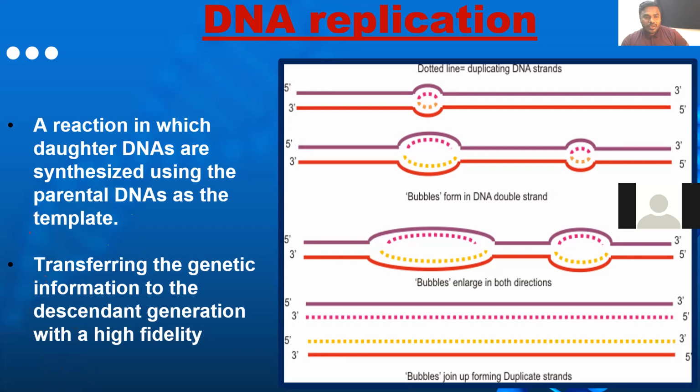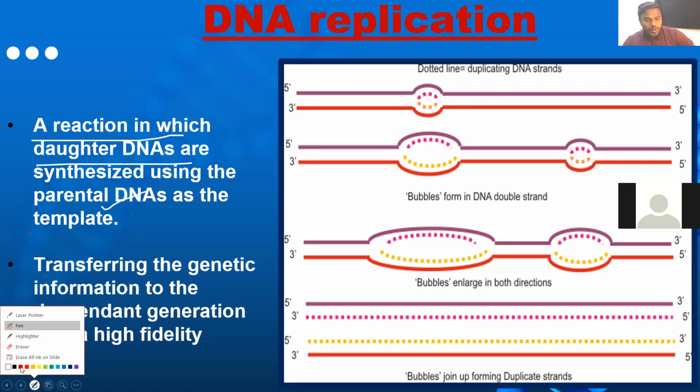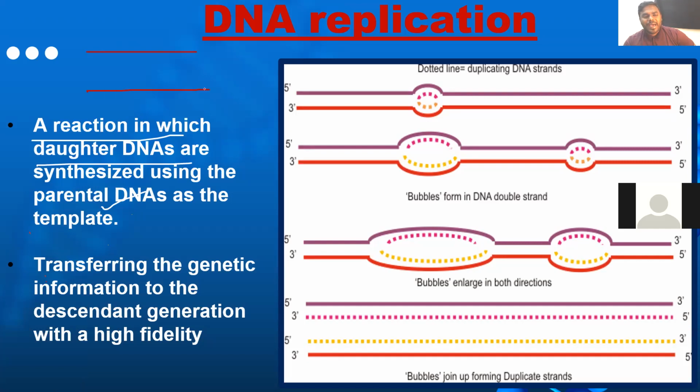Chemically also. If you ask me, sir, define it biologically, what I can say to you is, it is a reaction in which daughter DNAs are synthesized using the parental DNA as the template. What do you mean by that? This is one parent strand. This is another parent strand. The two parent strands are separated and are acting as templates.